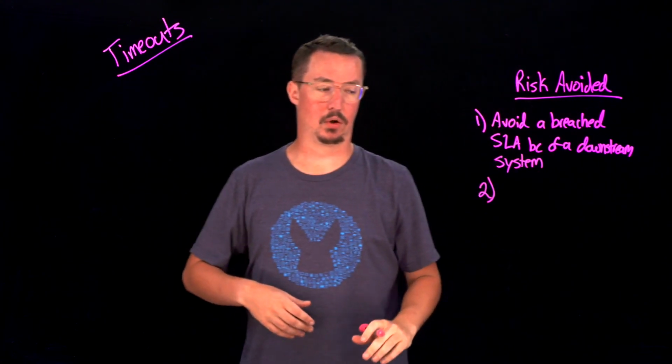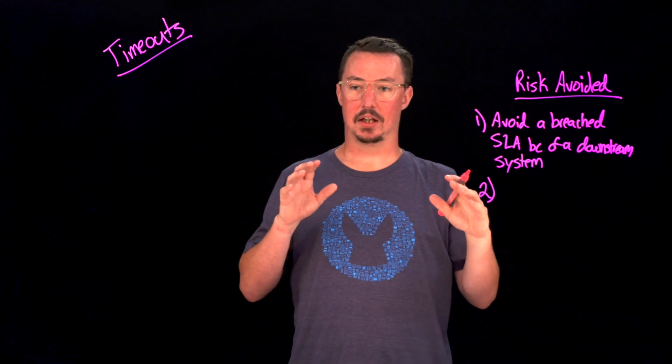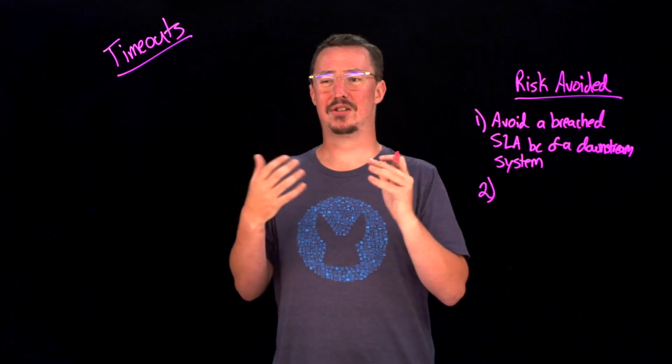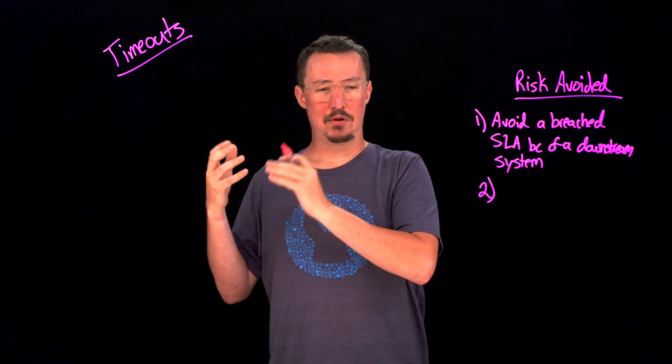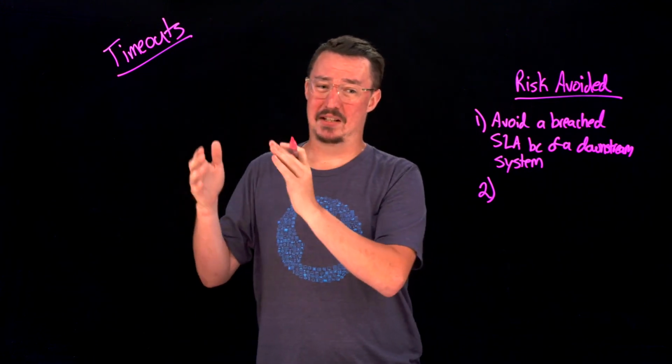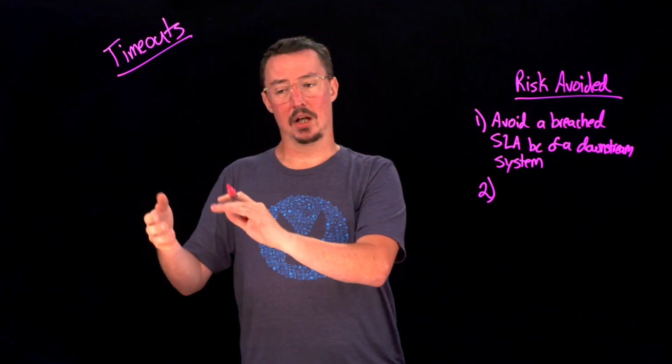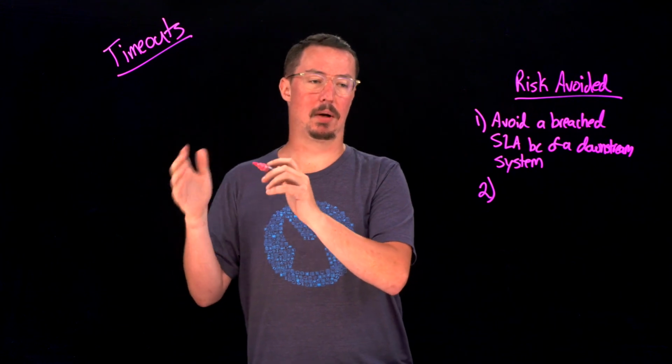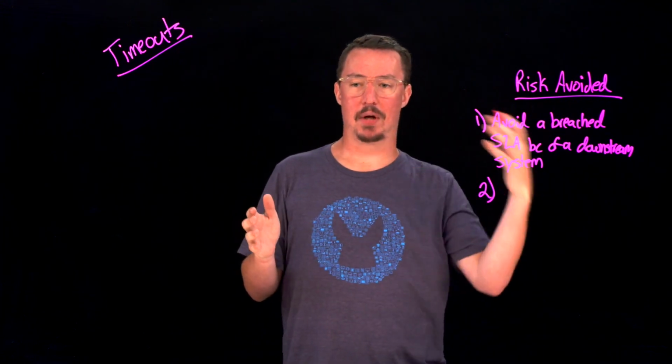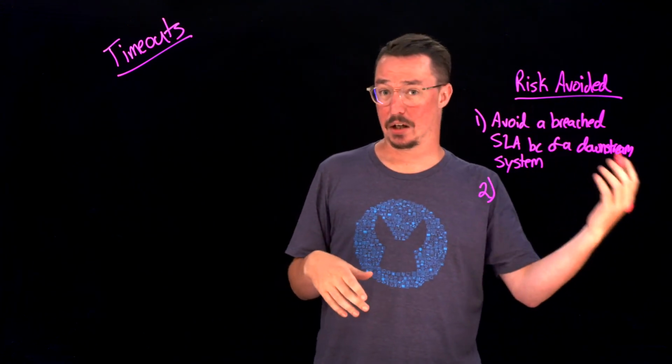The second risk that we're going to avoid is the fact that your downstream system is taking so much longer. It gives you a higher probability of a chance that there's actually bad data that's going to be coming from that system. So there's a higher than normal probability that you're actually going to have bad data come through and it's going to end up failing anyways.